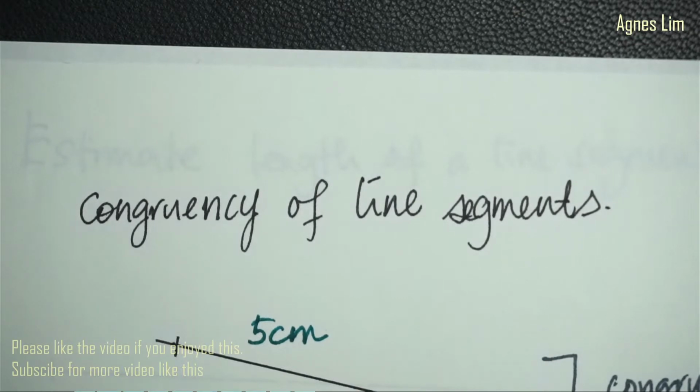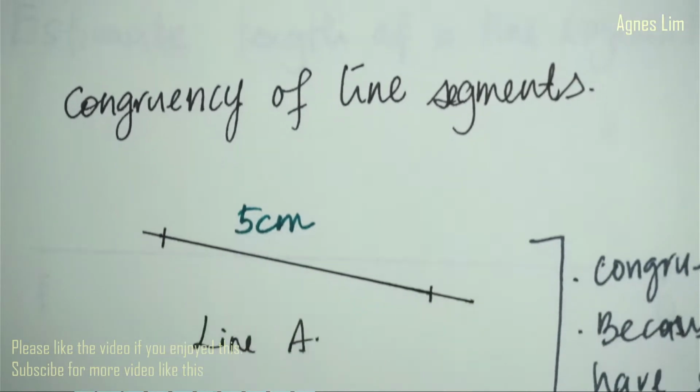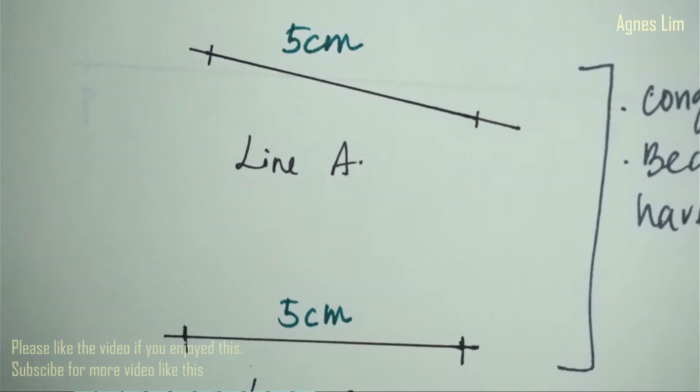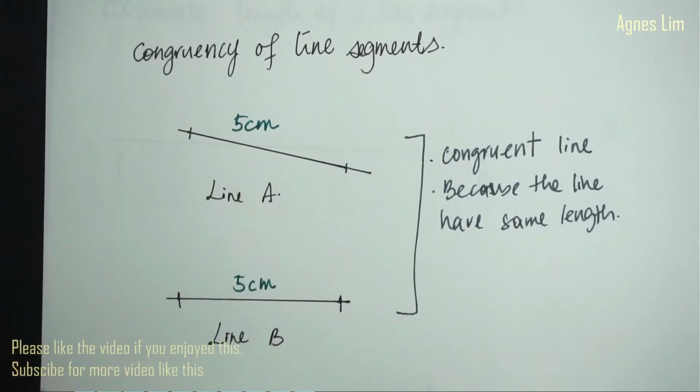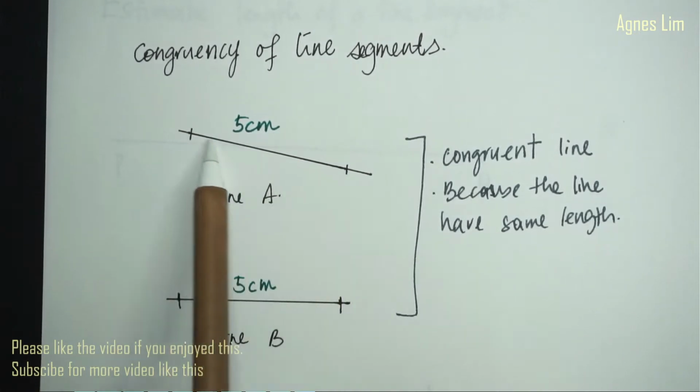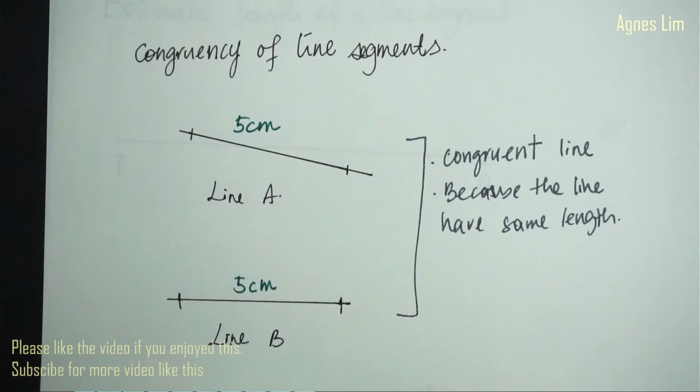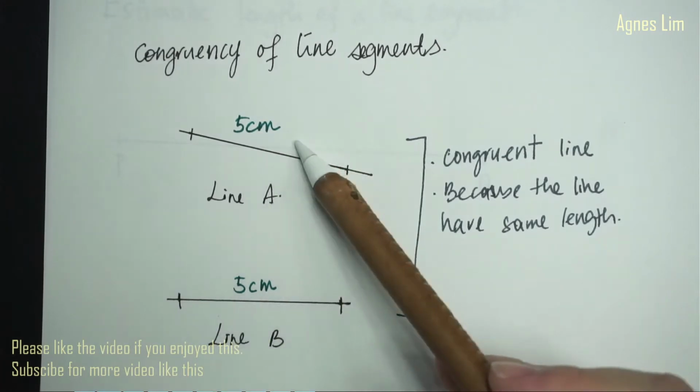所以 congruency 是讲那个东西不需要完完全全一样的一个 copy 来的一个一样的东西。比如说现在我给你们看这个两个。There are two lines, line A and line B. These two lines are congruent because the length of line A and the length of line B is exactly the same, which is 5 centimeters.